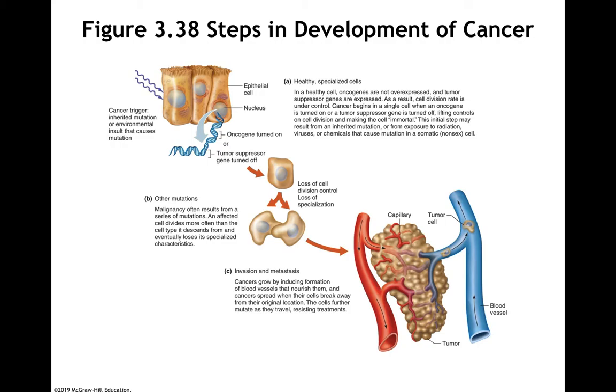The development of cancers requires a number of mutations, usually over the course of a lifetime. It also has environmental exposures involved, but at some point a healthy specialized cell begins to divide and does not divide with control.